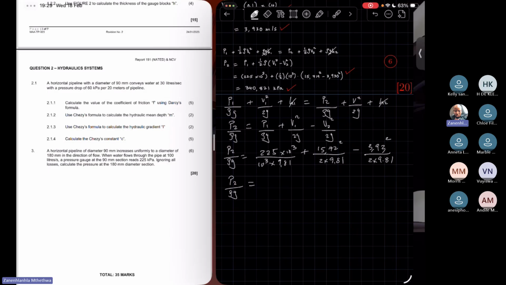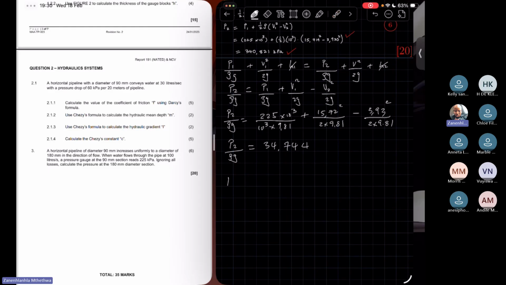On the right hand side you have 34.744. And then, because we are looking for P2, we need to get rid of this by multiplying both sides.